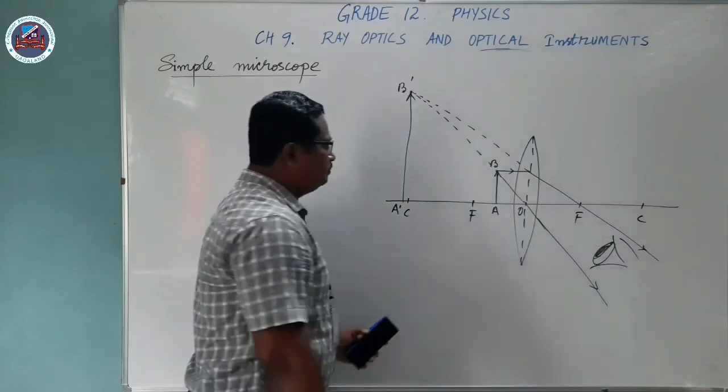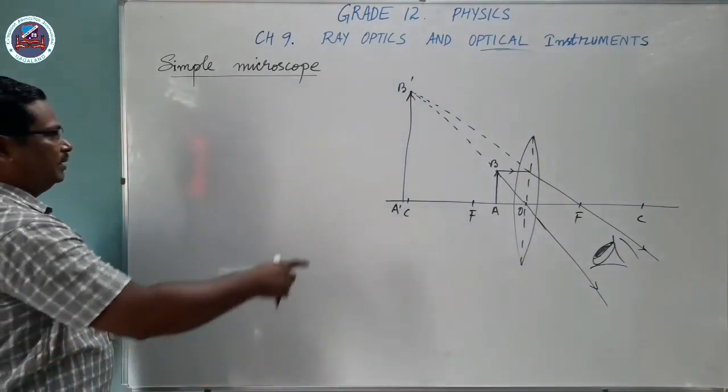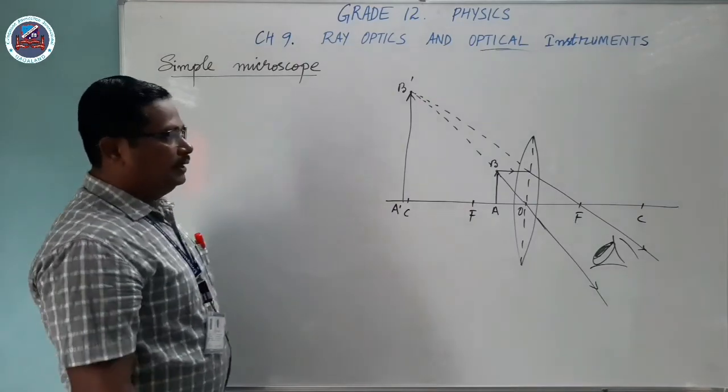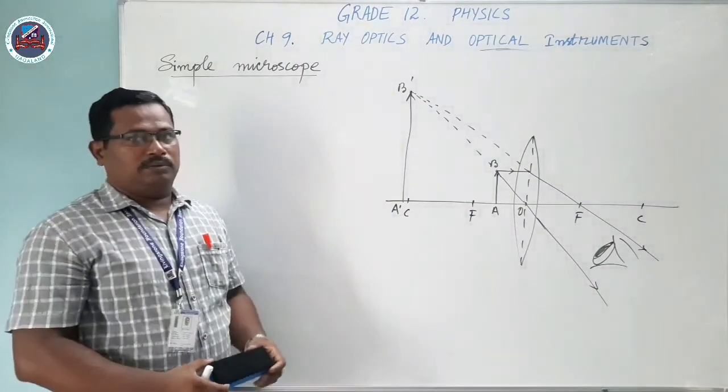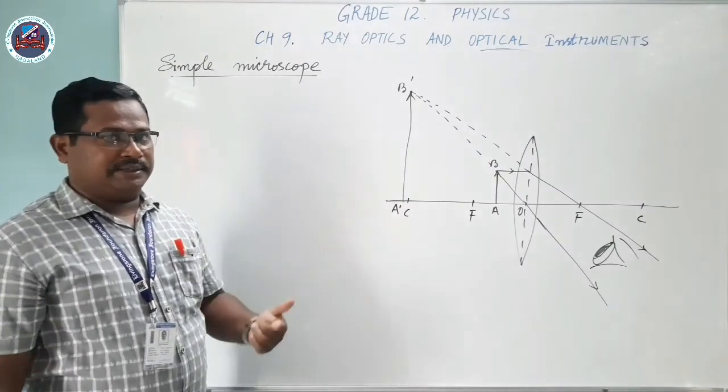Now let us see the terms associated with it, and how we can find its magnifying power. In microscope and telescope, we don't call the magnifying power linear or lateral magnification.